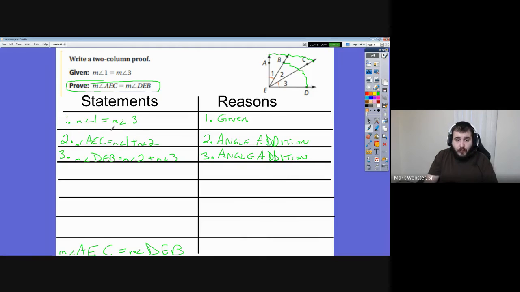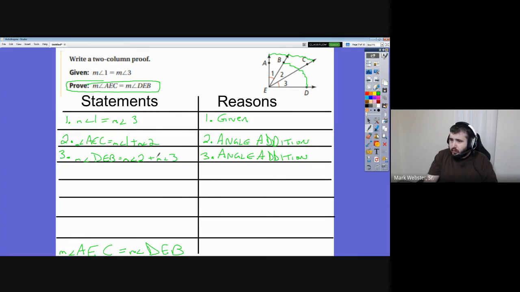But in order to do that, we have to use our original statement, right? Well, what's missing from this statement to make it these? Measure of angle 1, but we want measure of angle 1 plus measure of angle 2. Here we've got measure of angle 3, but what we want is measure of angle 2 plus measure of angle 3.